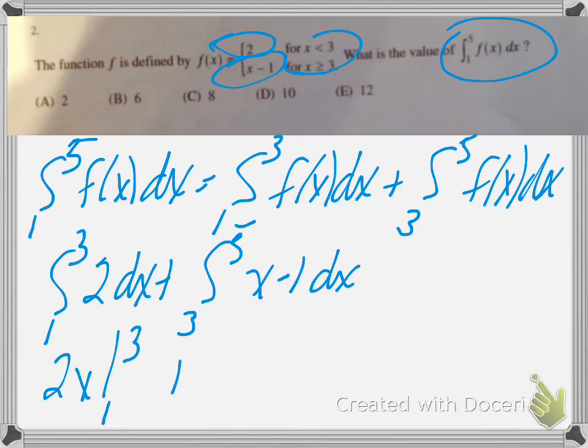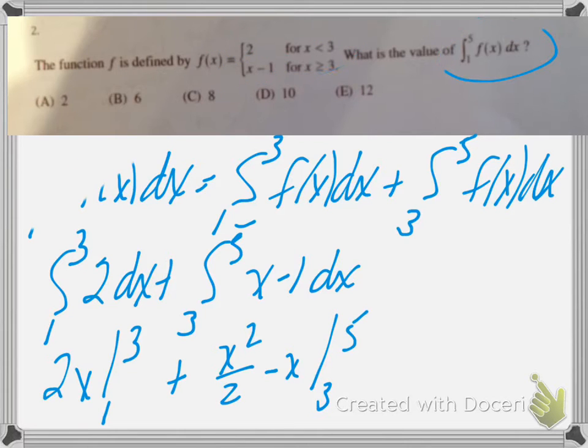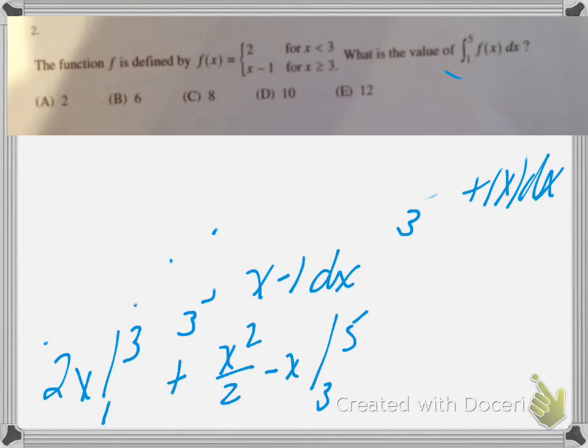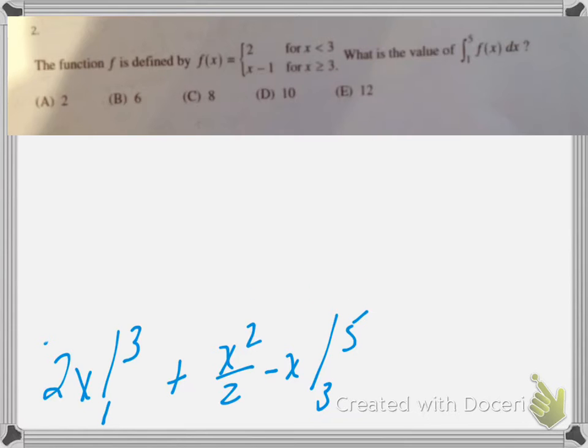So that's the first one. And that's going to be the second one. So let's make some room. And then we just have to substitute these values. Okay, so I'm going to start with this one here.